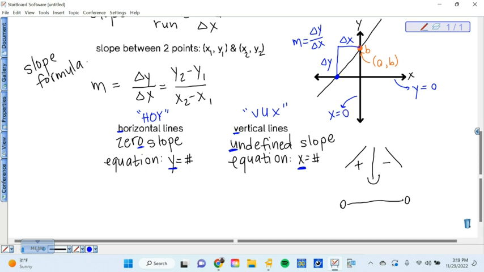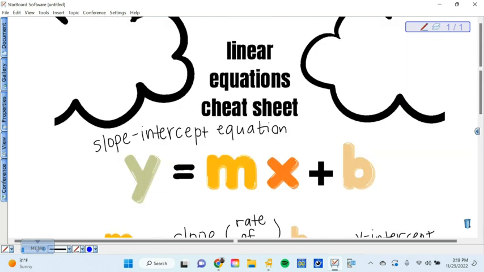And now just tell me, what does it say at the top of the paper on the other side? Arithmetic sequences. So linear equations and arithmetic sequences go hand in hand. They kind of relate to each other. The slope tells us something, and the y-intercept tells us something. How does the slope relate to an arithmetic sequence?